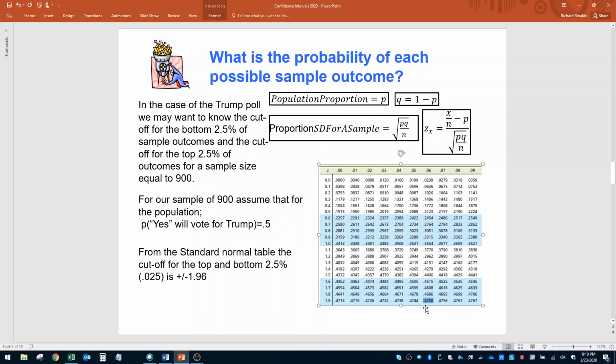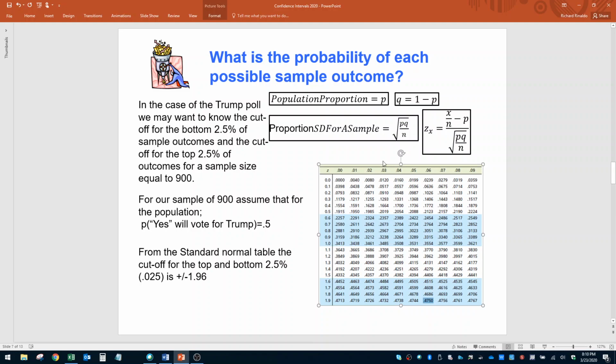I can see here that in the table I use, that cutoff is a z-score of plus or minus 1.96. So for any normal distribution, using the standard normal curve and the z-score calculation, a z of negative 1.96 will be the cutoff for the bottom 2.5%, and a z-score equal to 1.96 is the cutoff for the top 2.5%.